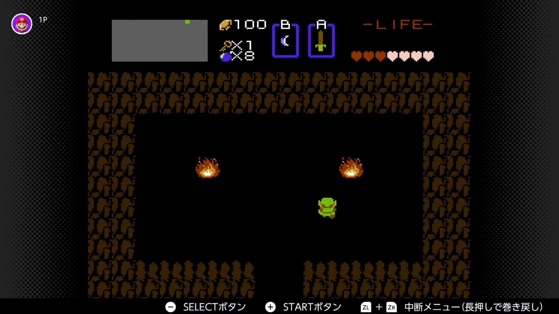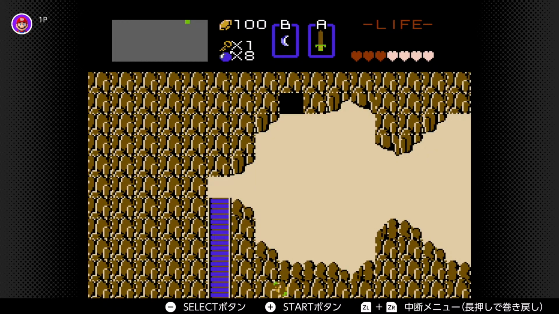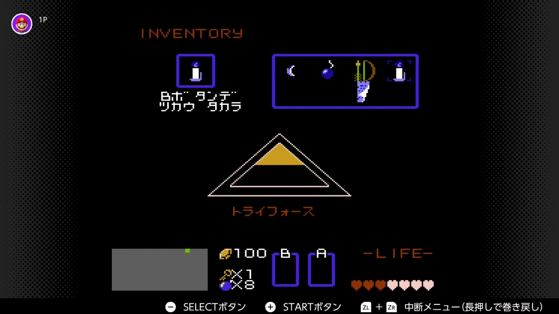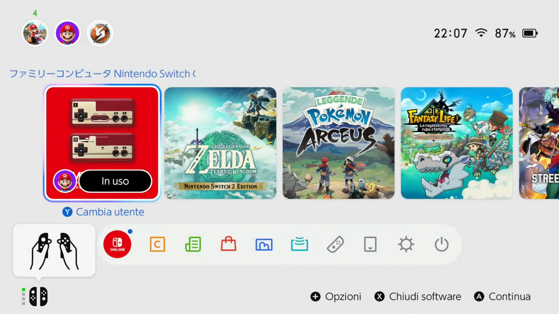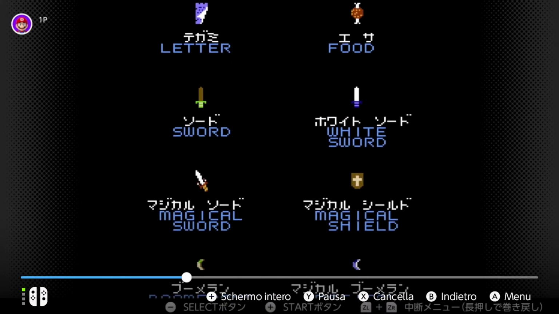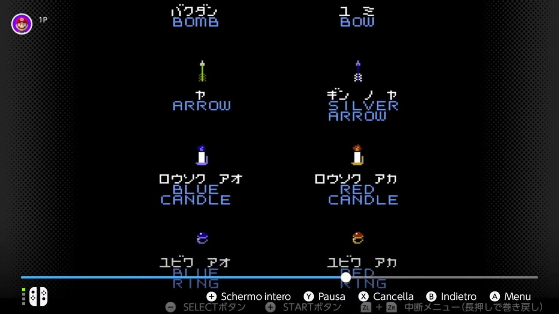And the candle is much more important because, as I said, it allows us to burn the trees slash bushes. Let's see its name, as usual. It's here.